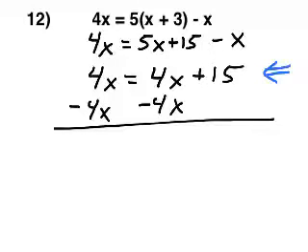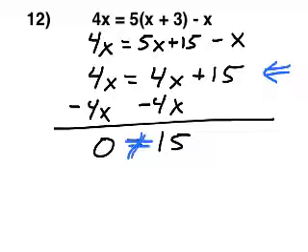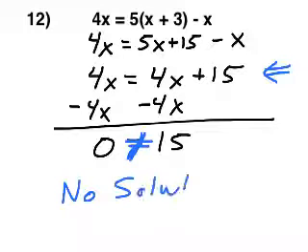Add negative 4x to both sides, we get 0 equals 15. And, of course, 0 cannot equal 15. It cannot. 0 does not equal 15. So this one is no solutions. There's no number you can put in for x that will work.